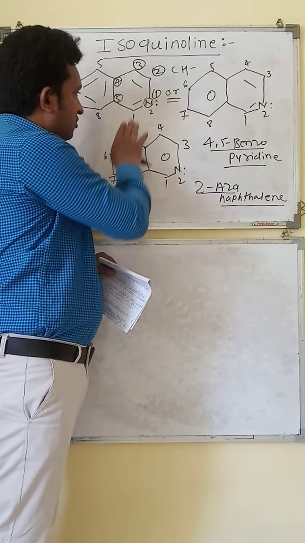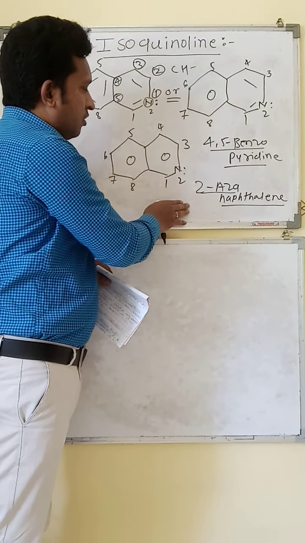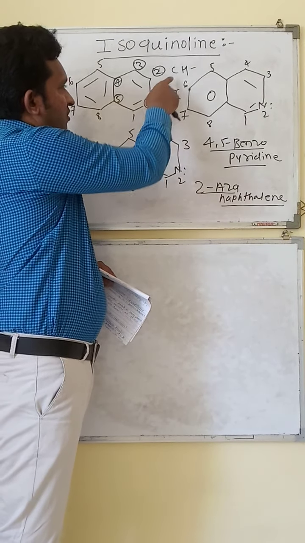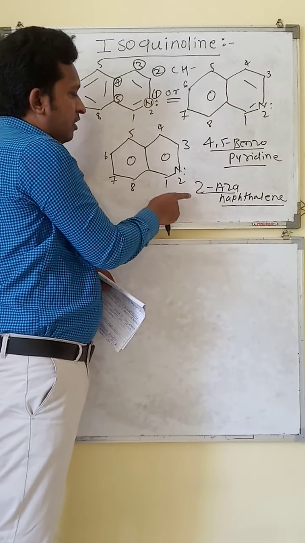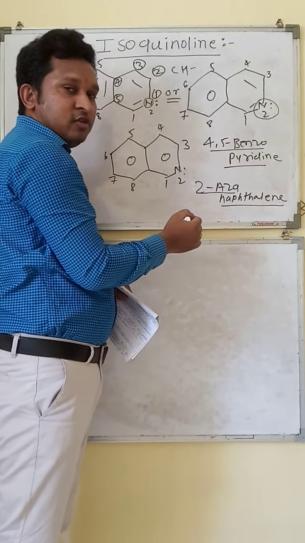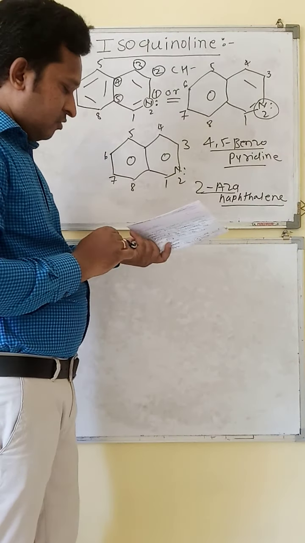Suppose we consider this structure: it is naphthalene, with CH instead of nitrogen. Now this nitrogen replaces the CH in naphthalene, so it is called 2-azanaphthalene, meaning that at the second-number position there is a nitrogen in the naphthalene.